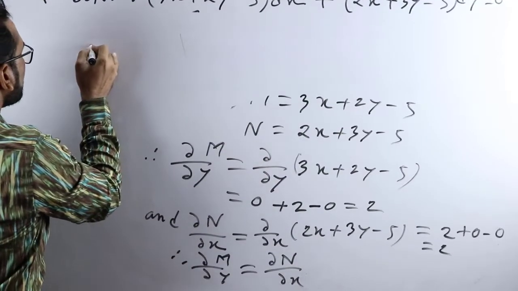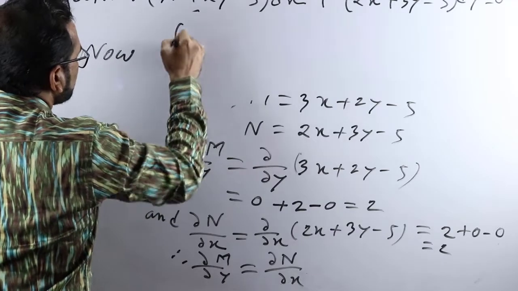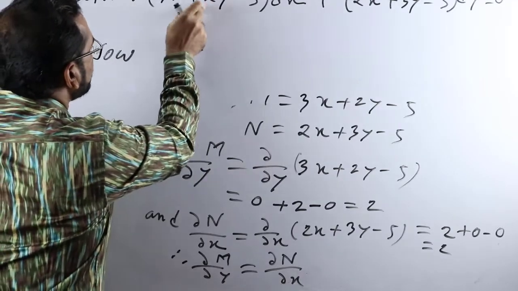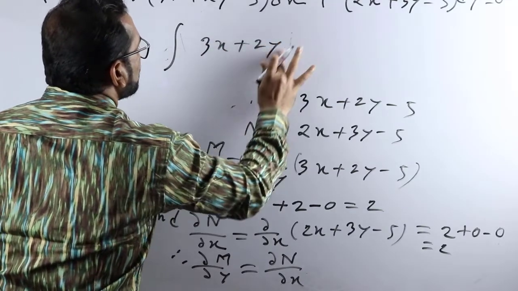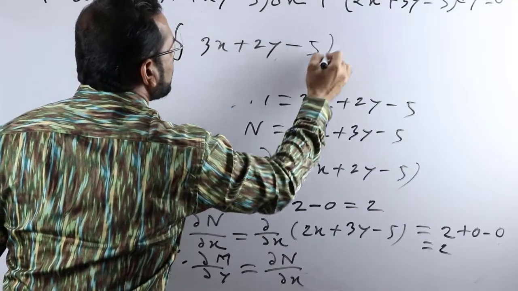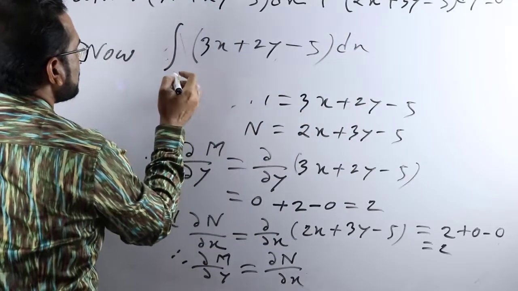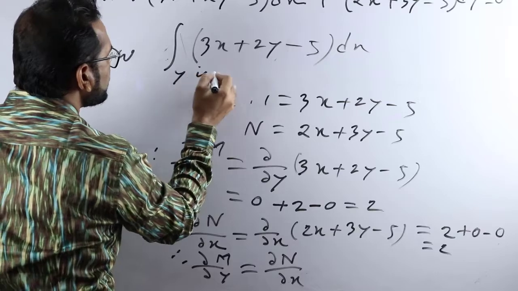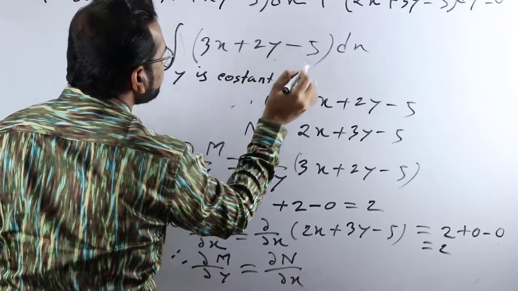Writing now, integrating this one, that is the integral of (3x + 2y - 5) dx, where y is constant.